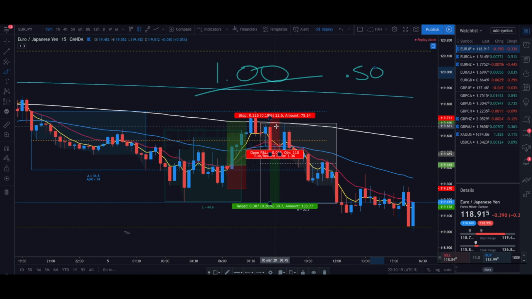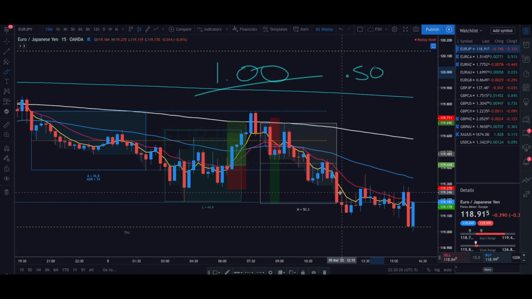That way you're taking more risk on the stop loss, but you're lowering your lot size to accommodate for that. But this trade, as you can see, dropped the rest of essentially the US session.